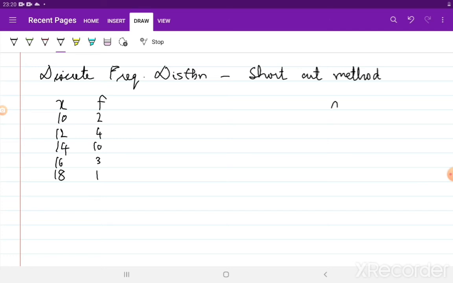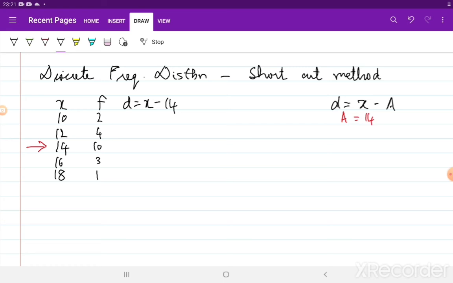If you remember, in the shortcut method we define a variable called d, which is x minus an assumed mean a. Since we have 5 x's, I'm going to use the middle value 14 as my assumed mean. So d is equal to x minus 14.